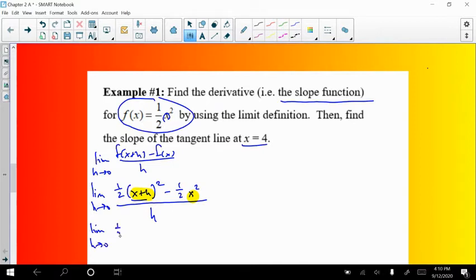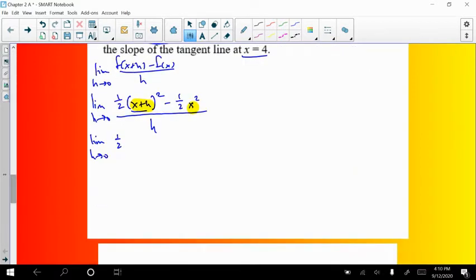So we have 1/2, and if I expand that, that's x squared plus 2xh plus h squared minus 1/2 x squared all over h. And remember, h is that distance. H is the only thing that's going to go to 0. X is fixed in a way. So it's the limit as h goes to 0.